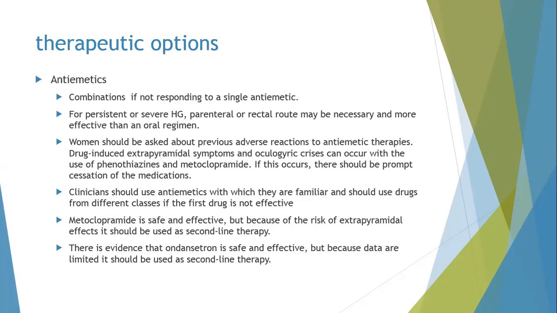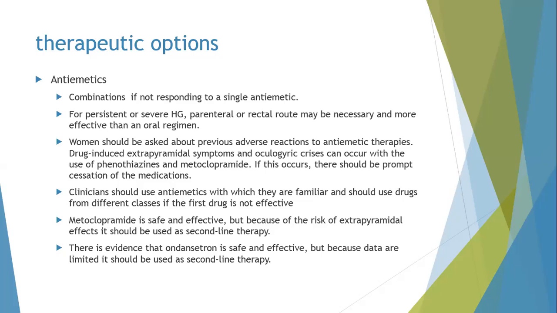So first is antiemetic. We first use one agent. If not responding to a single agent, we can use a combination. For persistent or severe hyperemesis gravidarum, the parenteral or rectal route can be used, and they are more effective than the oral regimen.